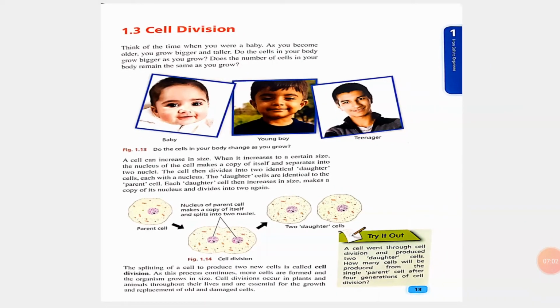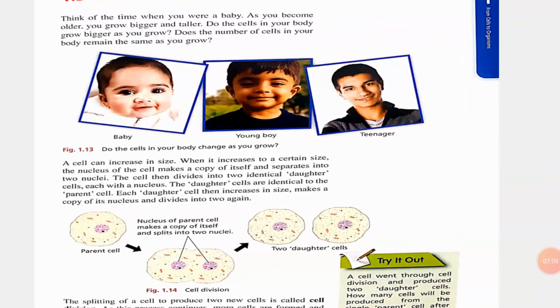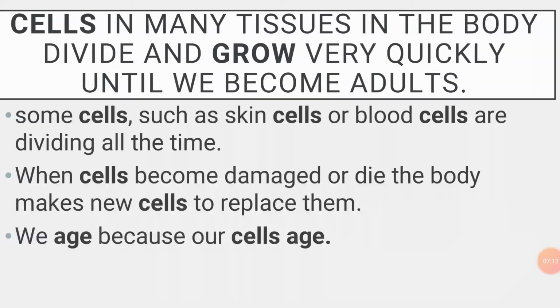But after we are grown up, when we are older, the cells will stop further division. Okay, this is further explanation of cell division, that cells in many tissues in the body divide and grow very quickly until we become adults.